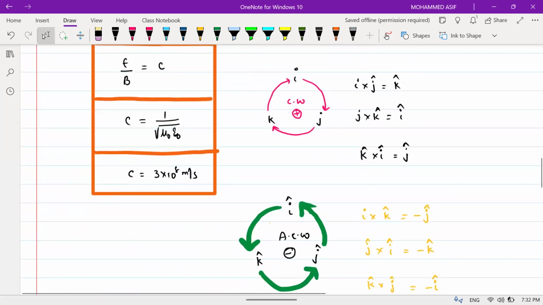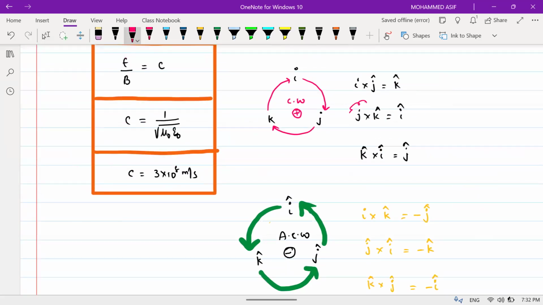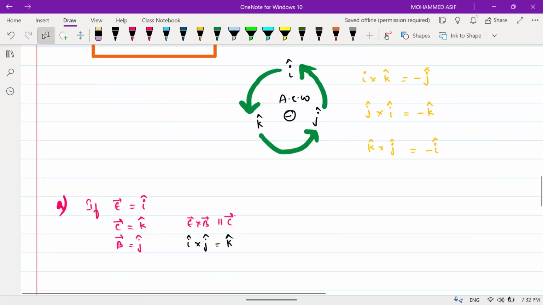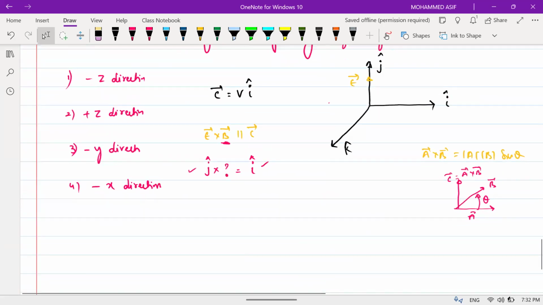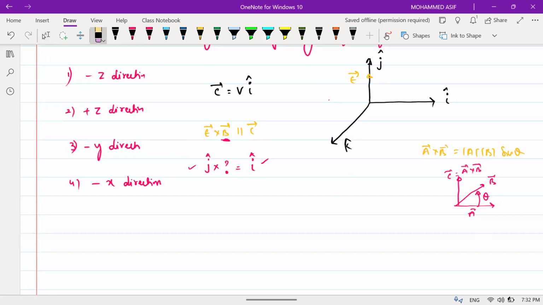J bar cross K bar. J bar cross K bar will give me what? I cap. Am I clear? That means the direction of your magnetic field should be in which direction, beta? Anyone? It should be in the direction of, what? Minus I cap? Why? Minus J cap cross K cap will give me I cap, no, beta?